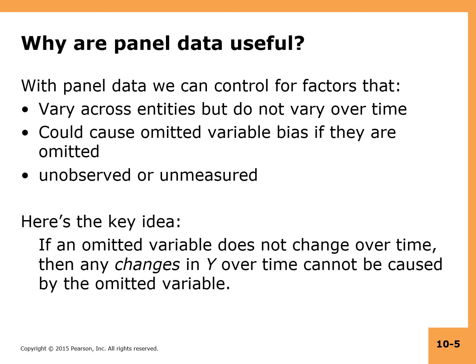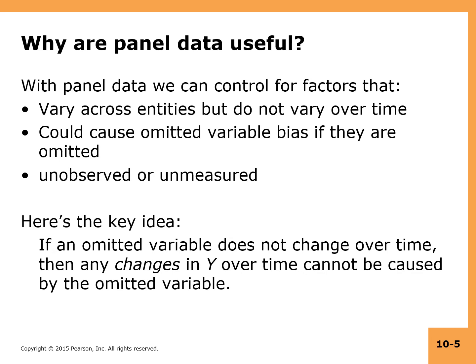So why is panel data useful? Panel data allows us to control for factors that vary across entities, but don't vary across time. And these factors may cause omitted variable bias if they're excluded from the model. Oftentimes, these factors are unobserved or unmeasurable, so it's hard to include them as a regressor in the regression model.